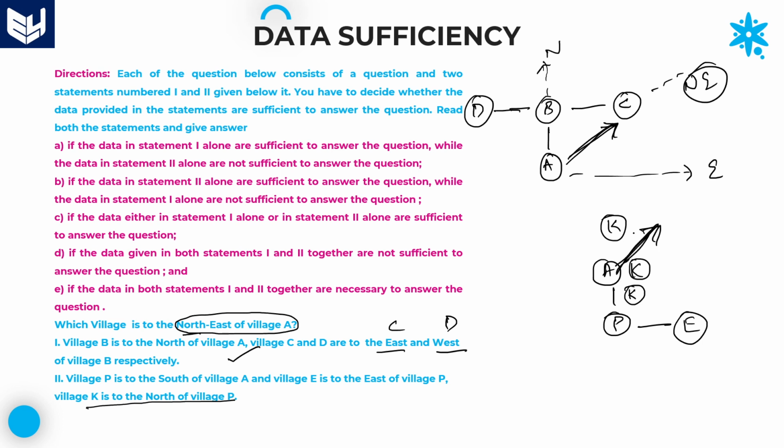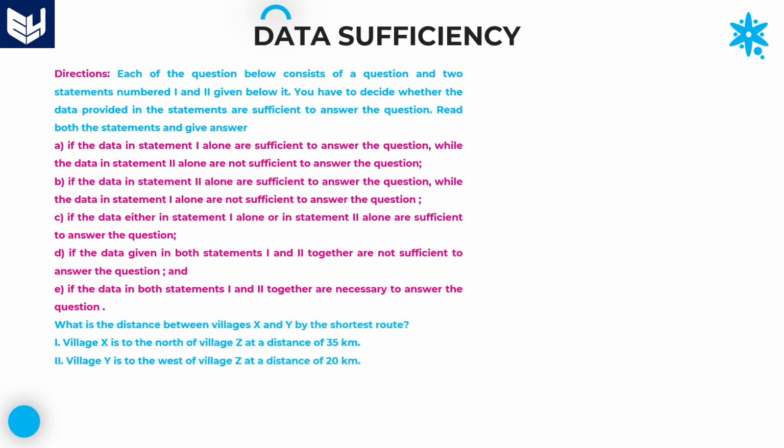Whatever the position of K, whether it is this one or this one or this one, it is not at all possible to get the answer by using statement 2 alone. So, your required answer is statement 1 alone. Option A is the right answer. Let's move on to the next question.